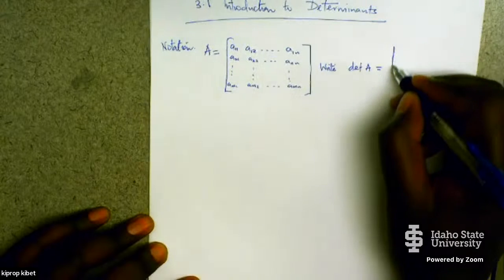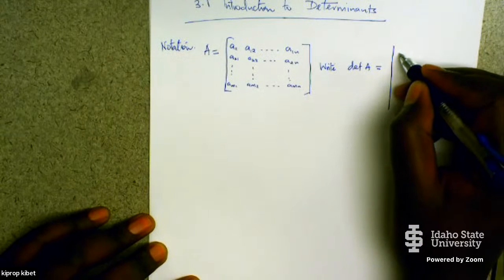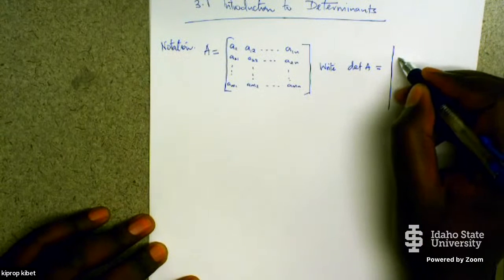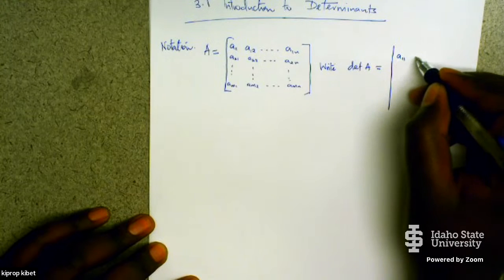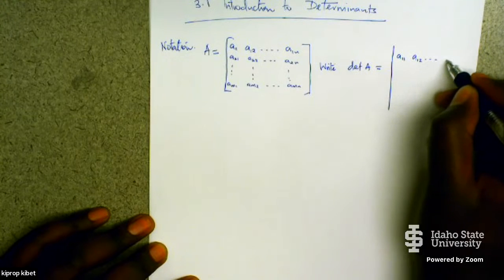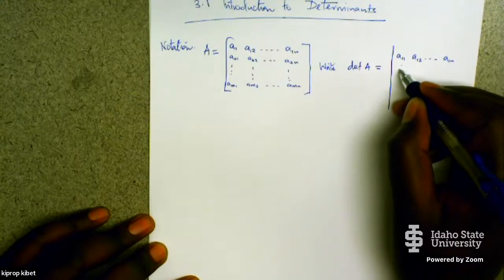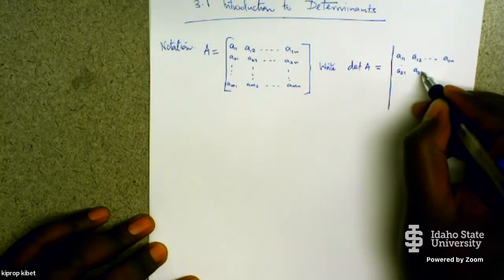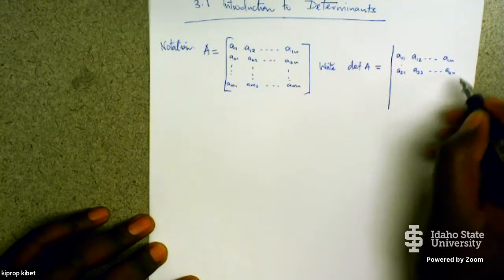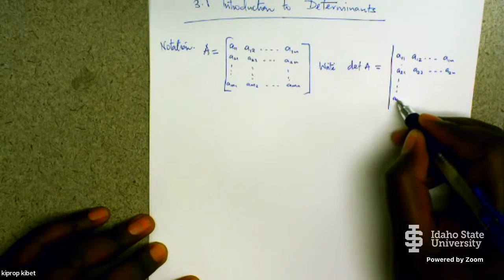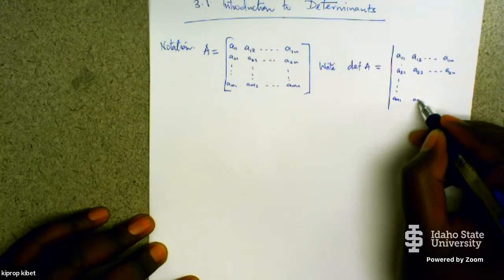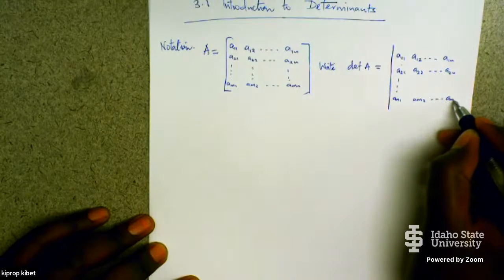So you just use the absolute value bars around A11, A12, all the way to A1n, A21, A22, A2n, Am1, Am2, Amn.